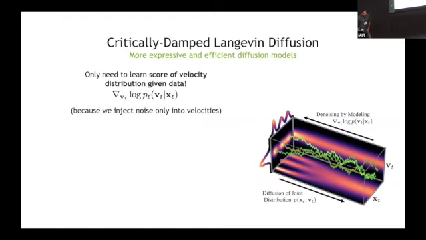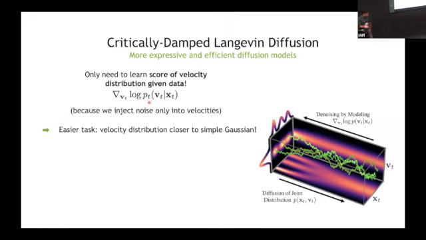And it turns out, because of this interesting structure here, you only need to learn the score of this velocity distribution given the data in these types of diffusion models. You do not have to learn the score of this marginal data distribution X. This is a consequence of the math, you can do it and find this. And that is potentially an easier task, right? That's just motivated.